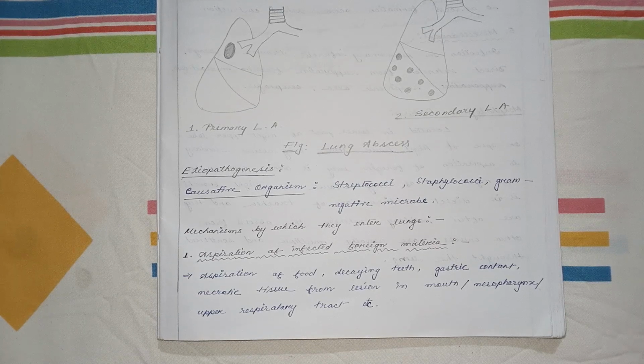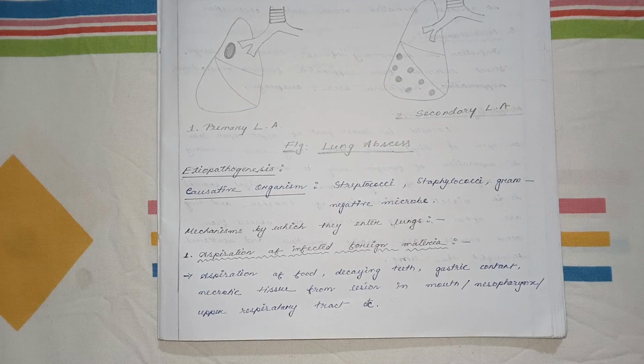The mechanism by which they enter the lung is, first, aspiration of infected foreign material. Aspiration of food, decaying teeth, gastric contents, and necrotic tissue from lesions in the mouth, nasopharynx, and upper respiratory tract can cause lung abscess.